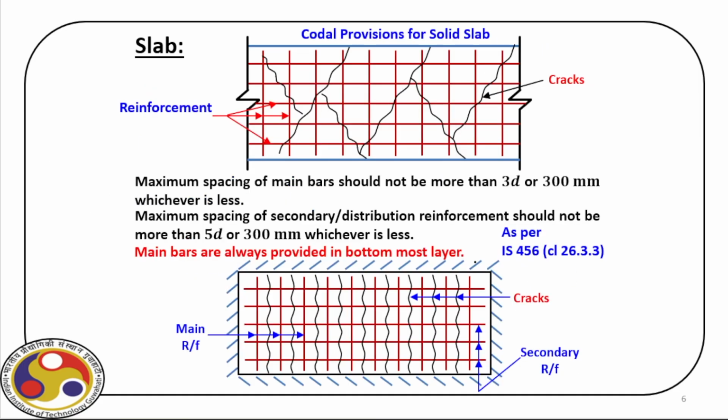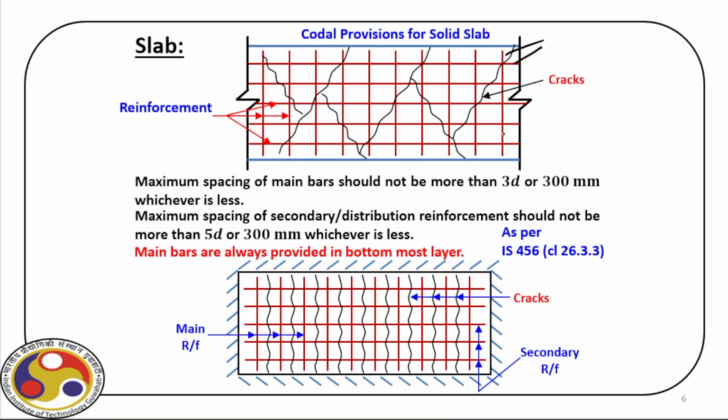Now, as I have already explained, we need to provide rebars along two directions in case of a slab. There are dedicated codal provisions for maximum spacing.